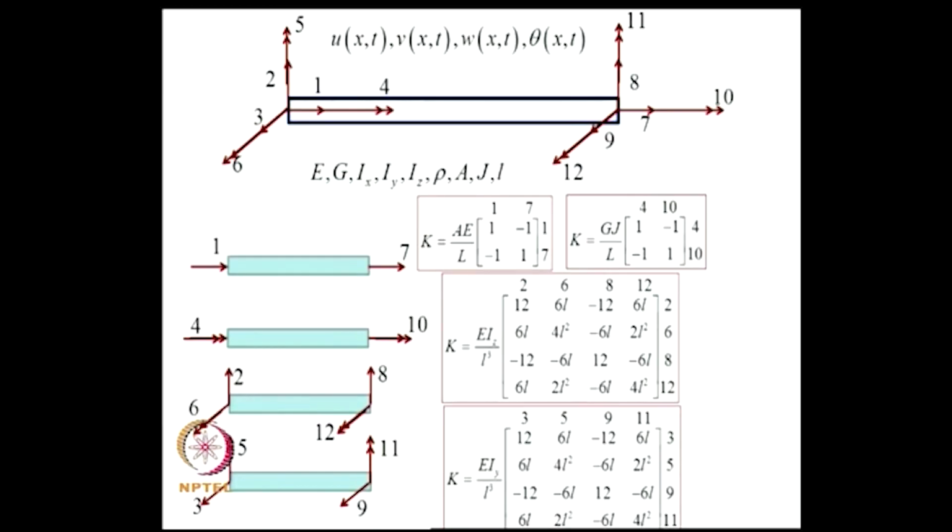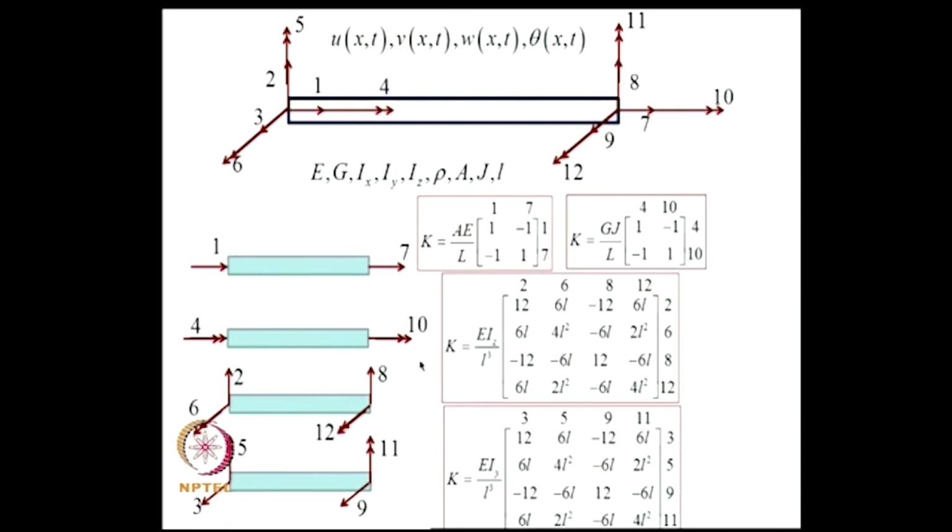So, we can write that 12 by 12 matrix, but we can understand the structure of that matrix by considering the individual actions separately. For example, for axial degrees of freedom, we have 1 and 7, the stiffness matrix will be AE by L into this. For 4 and 10, we have the twisting and the stiffness matrix is GJ by L into this, 1 minus 1, minus 1 1.